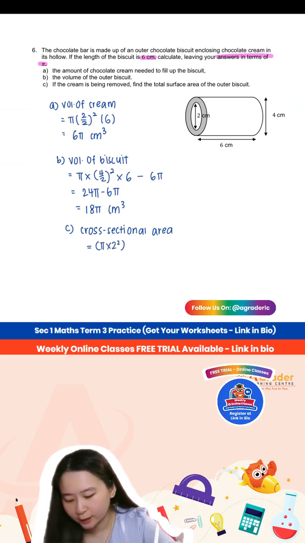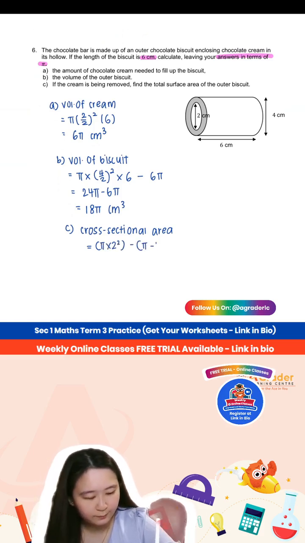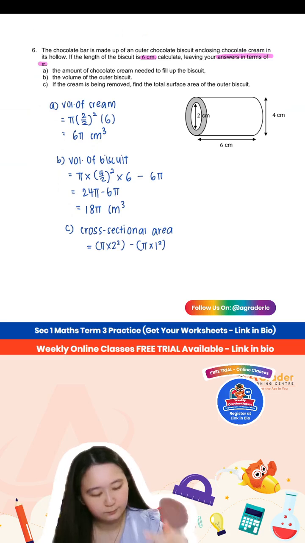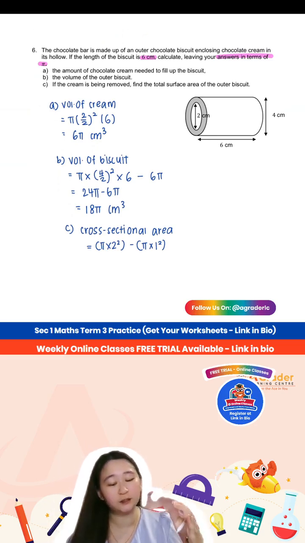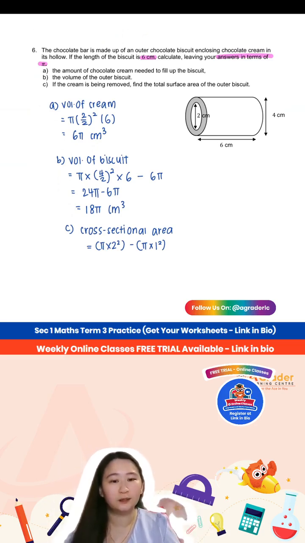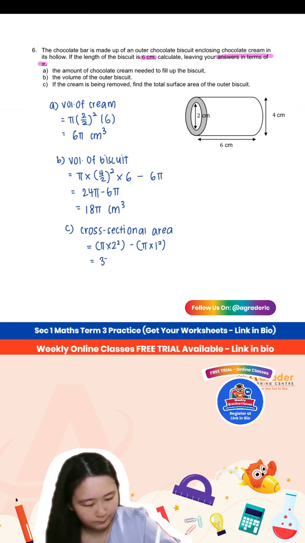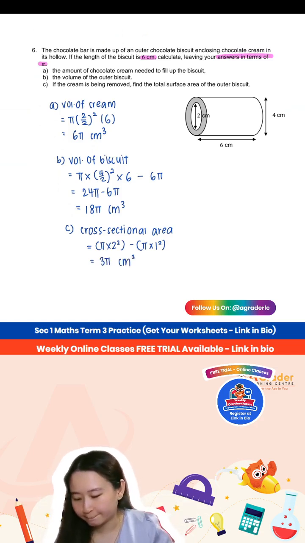So pi r squared. The outer circle, the radius is 2. The smaller circle, the radius is 1. So this will give us 3 pi cm squared.